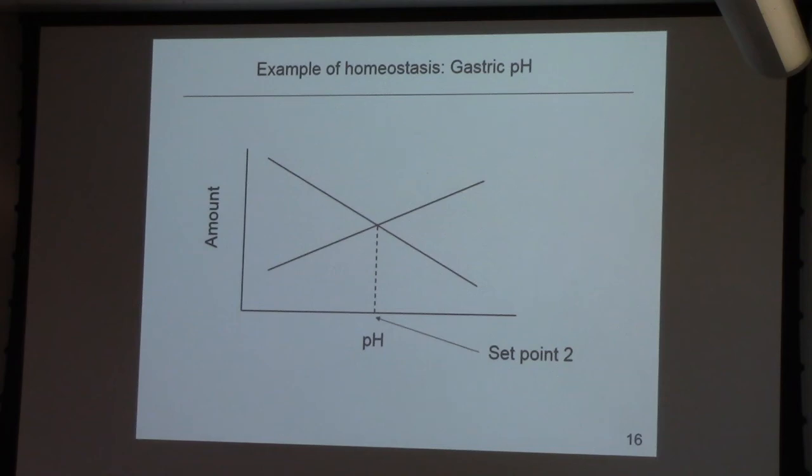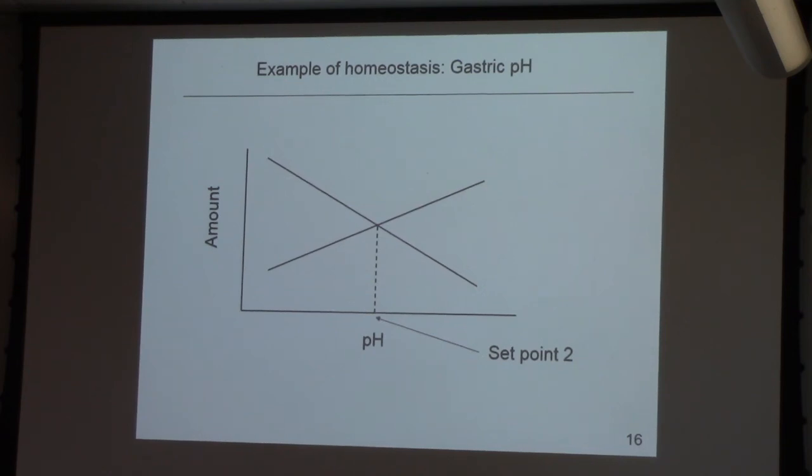What are the hormones? Now we're talking about the pH within the lumen of the stomach. It's got a set point of around 2. That's the set point for gastric pH. If the pH goes high, how could the pH in the stomach go high? Well, you put a bunch of food in it, and that food was not lemon juice.